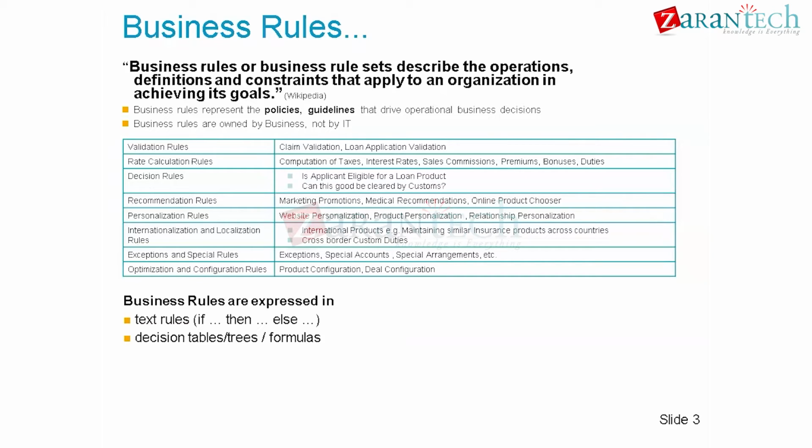The baseline is if and else-if. Apart from that, we have other expressions as well, like decision tables. In decision tables, we maintain a certain set of combinations in a certain set of columns.